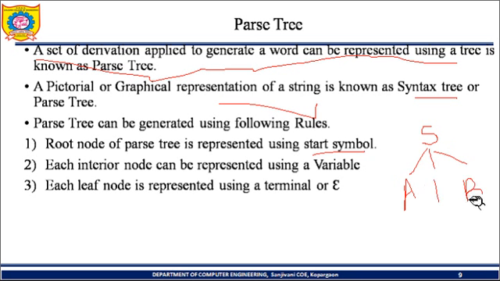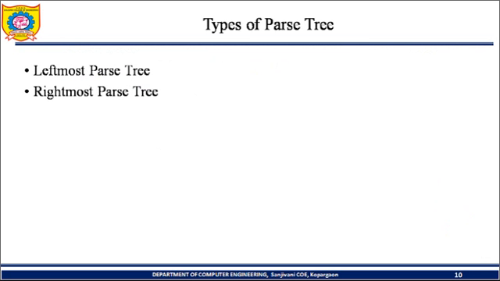Here you can see we have replaced the interior node with variables, and each leaf node is represented with terminals or symbols. So I can replace A with, let us say, 1. 1 is a terminal, so that will be a leaf node, and B is replaced with epsilon, for example. Like this I can draw the parse tree.